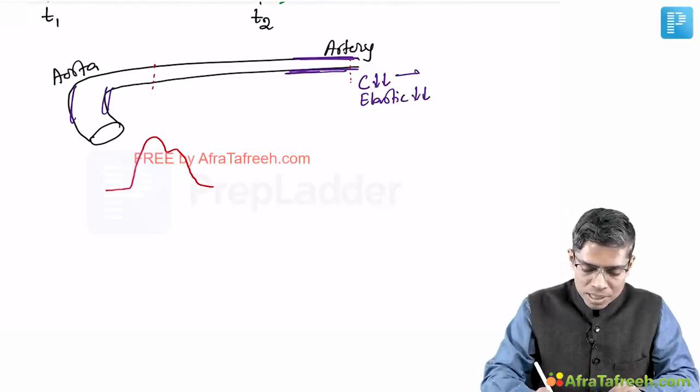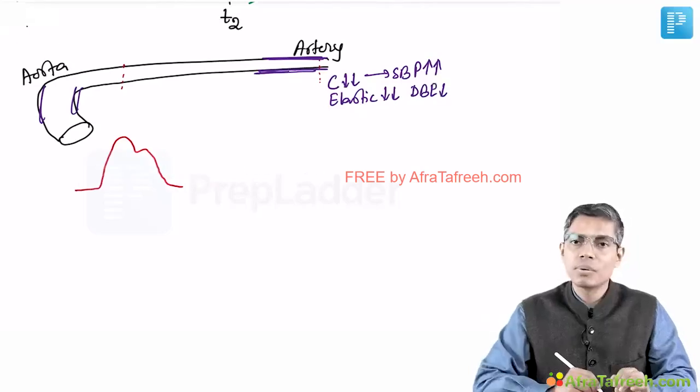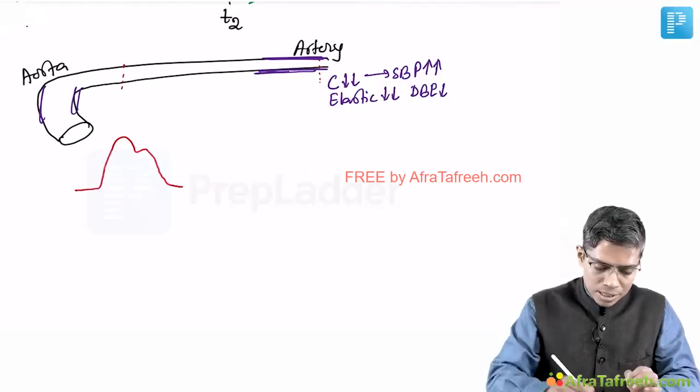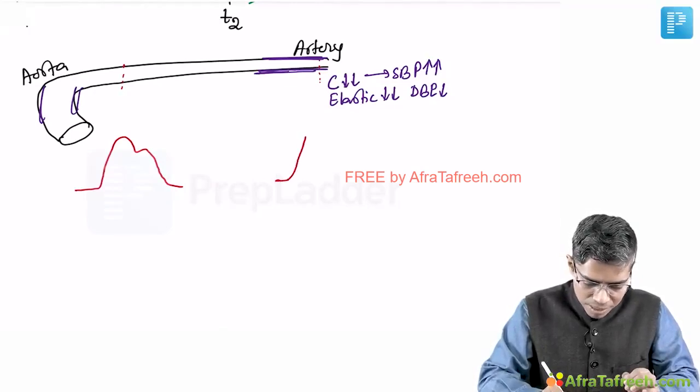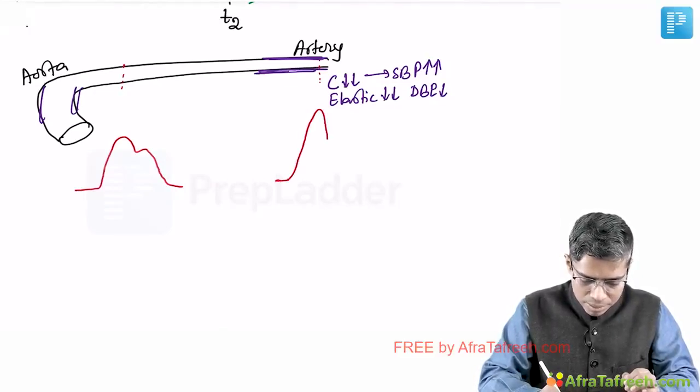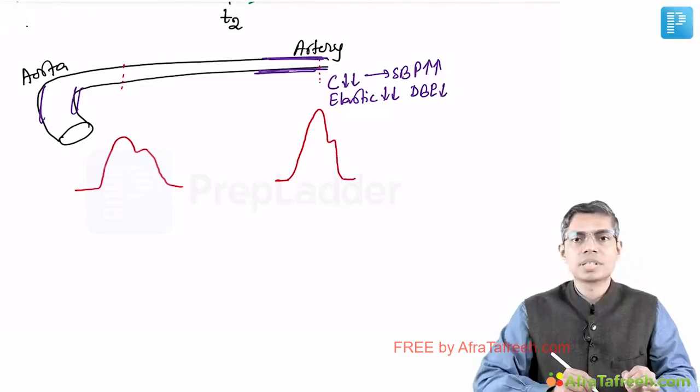Low compliance means systolic blood pressure will be higher, and low elastic recoiling force means diastolic blood pressure will be lower. Alright. So if I record a pressure curve from this peripheral artery, it will look like this: peak systolic blood pressure and low diastolic blood pressure.